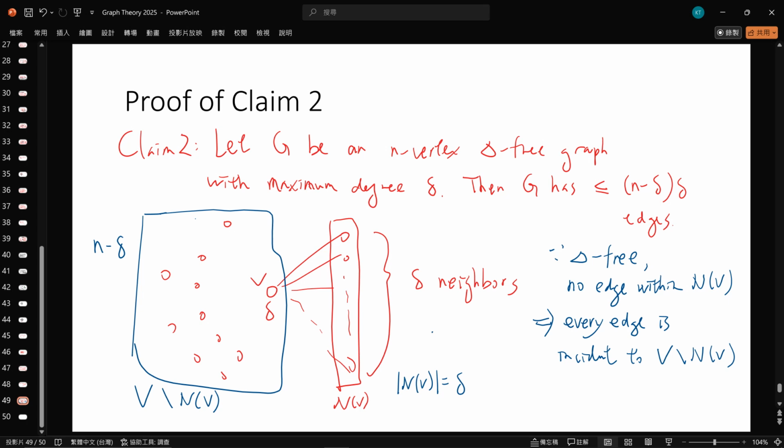Yeah, the number of vertices in this blue set is exactly n minus delta. Yeah, so you cannot change this because this is just all the vertices in the graph excluding n of v. There are n minus delta vertices, and each vertex has delta edges, which is maximum. So they are identical to V. They are the same, right?